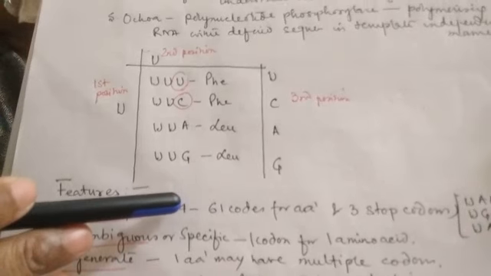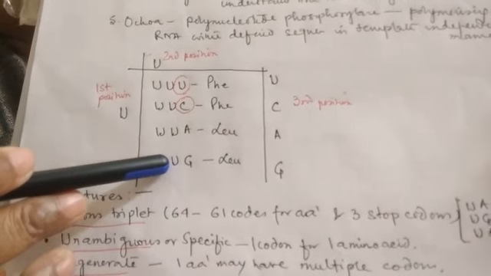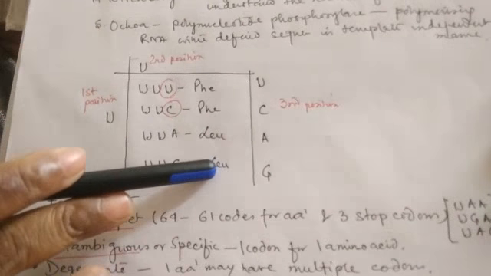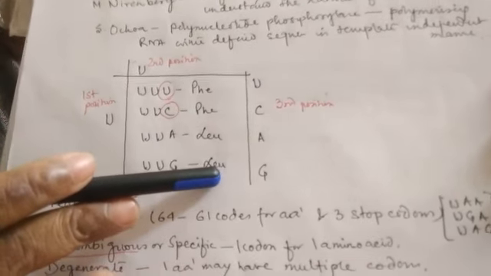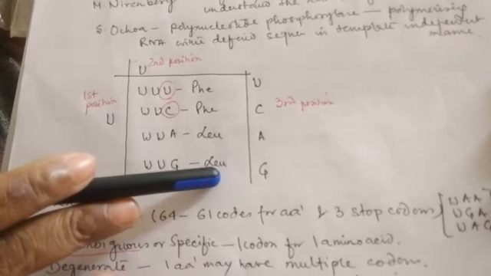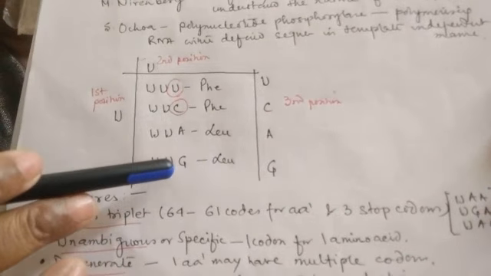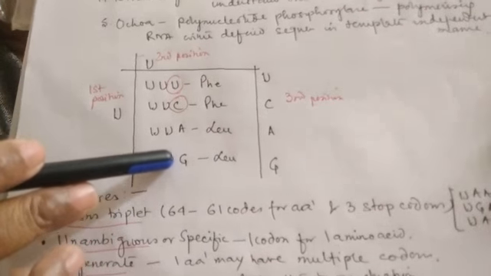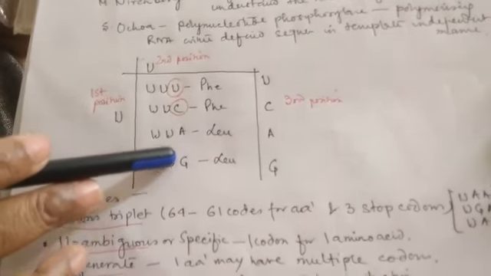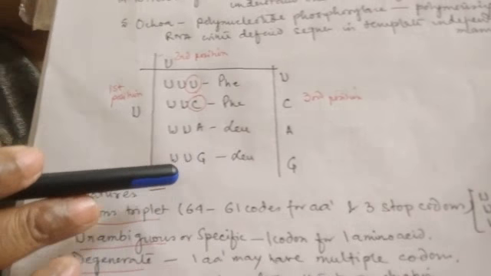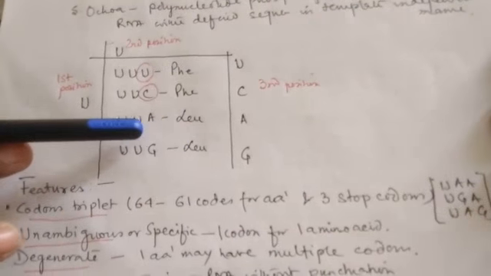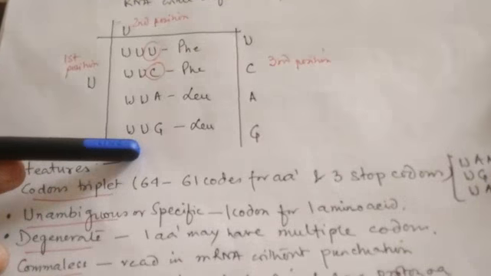So from the side of the codon, it is very specific for a particular amino acid only, but from the side of the amino acid it is not so specific. A single amino acid can be coded by various codons, and this characteristic is called degenerate.